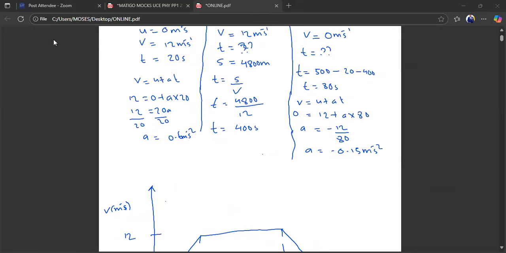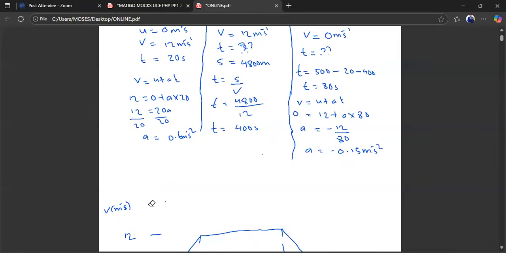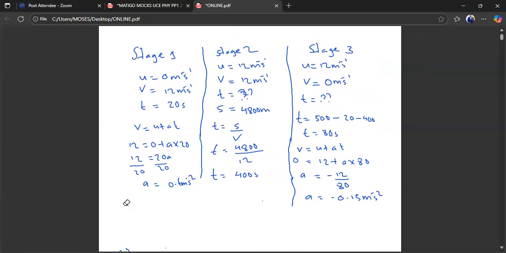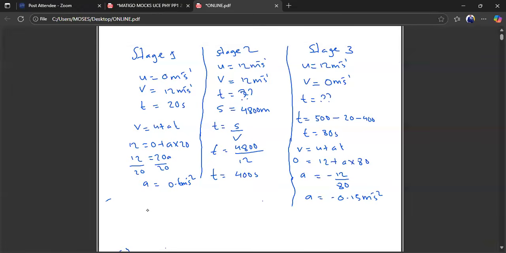You can find the distance covered under the first stage by simply using the second equation of motion, which will be S equals UT plus a half at squared. Then you get S.